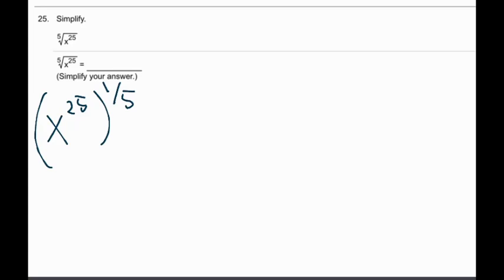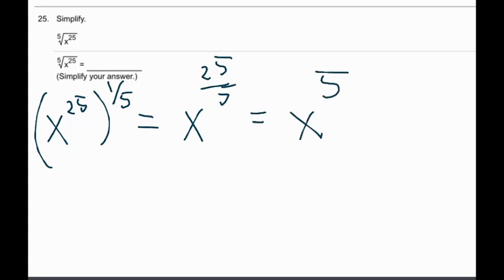If you remember, when we rewrite these using fractional exponents, the denominator is the index. So what we would do is apply the power rule here, so we would get x to the 25th over 5, which is actually x to the 5th. So we just simplified that.